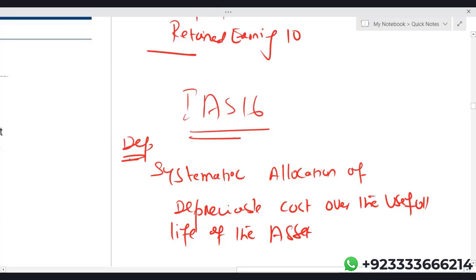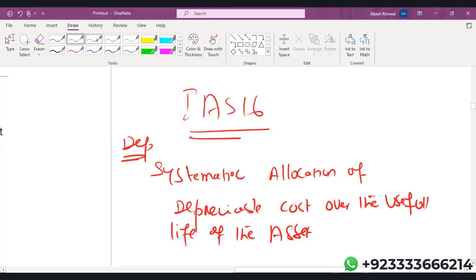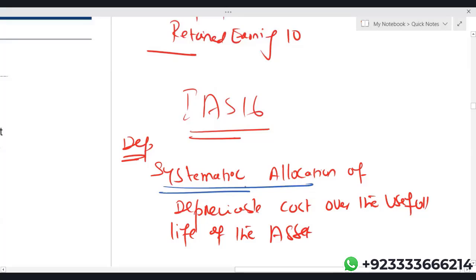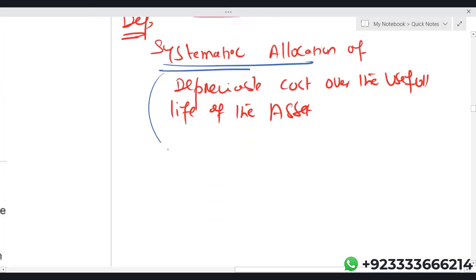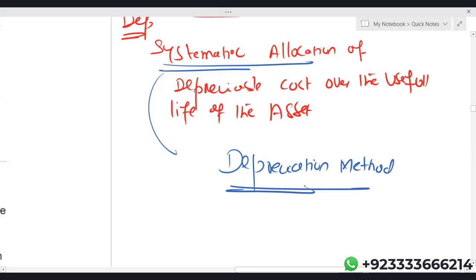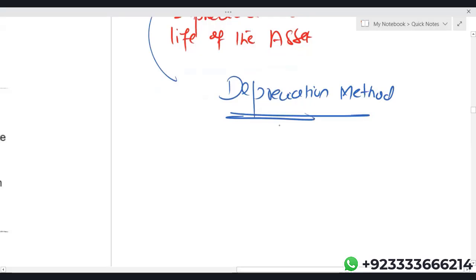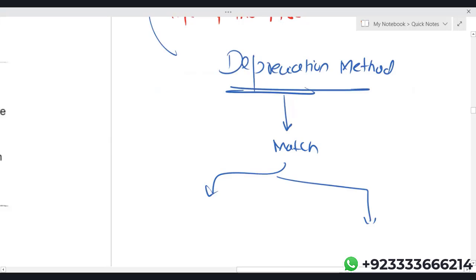Quickly, what do you mean by systematic allocation? Systematic allocation means the depreciation method. The depreciation method should match with the pattern of economic benefits. Repeat, the depreciation method should match with the pattern of economic benefits.